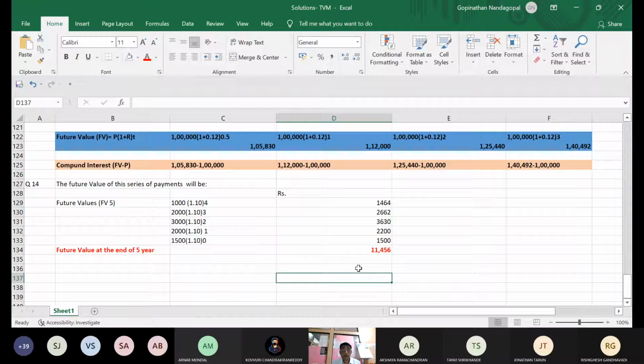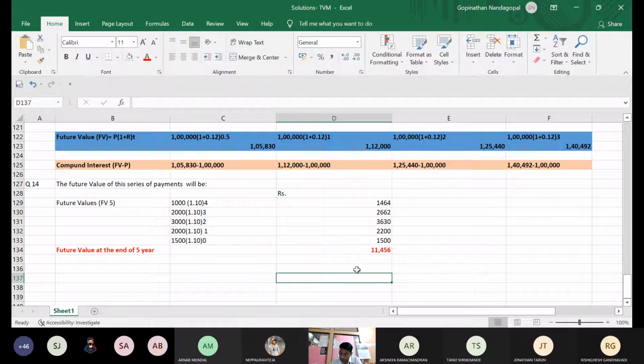No, sir. Who said no? Sir, Raviteja, sir. I'll tell you. See, at the end of first year, what is the amount? 1000. See the question.